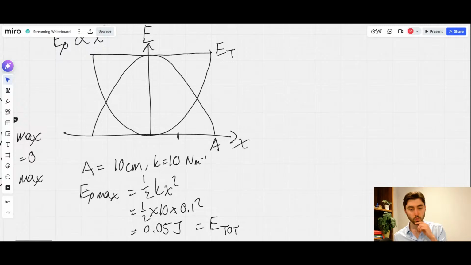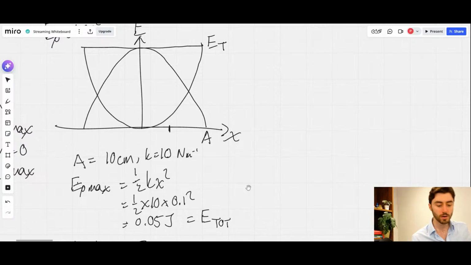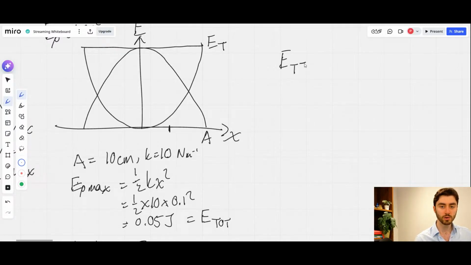And there's one final thing I want to point out, which is the maximum speed. So the maximum speed, we know here, so the total is a half k A squared for the amplitude.